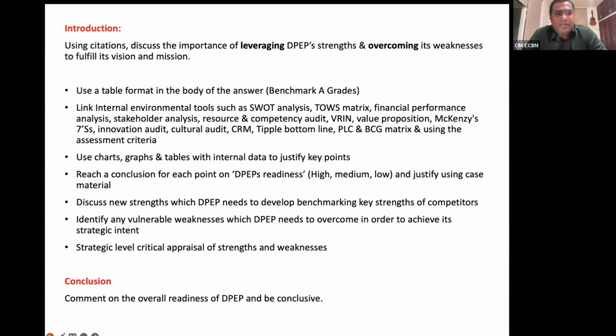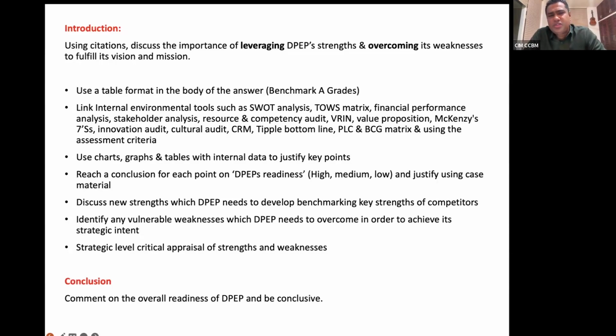So you can link internal environment tools such as SWOT, if you want to do the TOWS matrix, financial performances, any charts, graphs, stakeholder analysis, resource and competency audit, the VRIN or VRIO framework, value proposition analysis, McKinsey's 7Ss, which is an internal analysis tool, innovation audit, cultural audit, CRM, not really required, but if you want to do it, triple bottom line, product life cycle, BCG matrix, and using the assessment criteria if you want to build your answer.